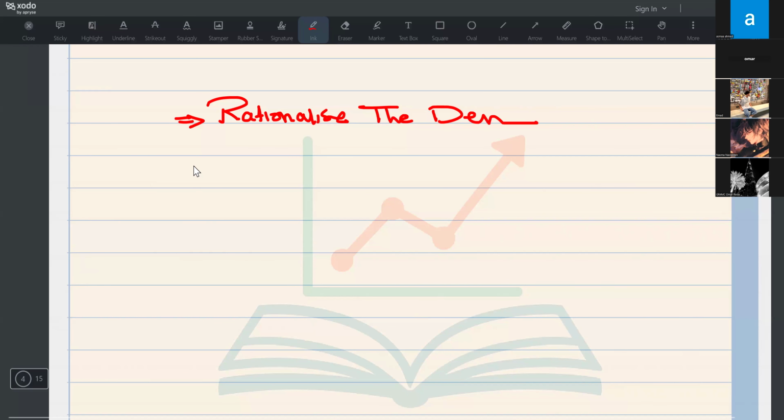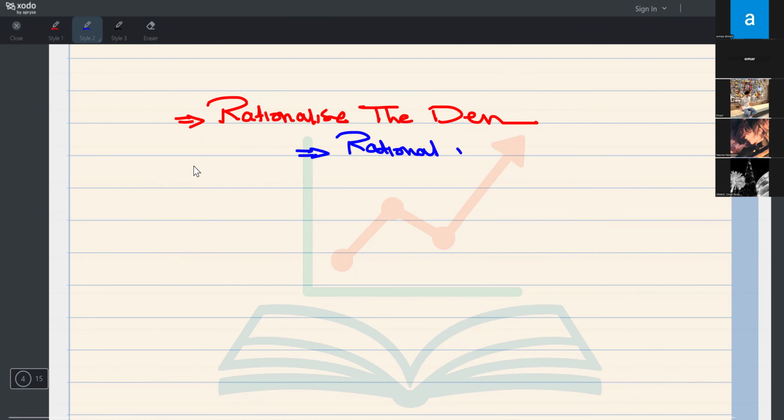يعني إيه rationalize denominator؟ طيب خلينا نسأل question الأول، يعني إيه rational number يا ولاد؟ What does rationalize mean? Make the denominator rational. Okay. طيب what is a rational number?